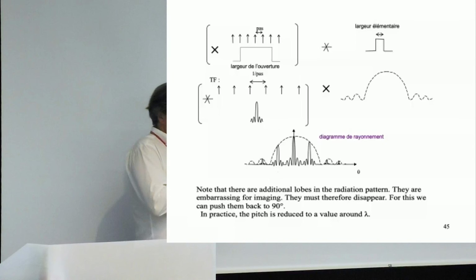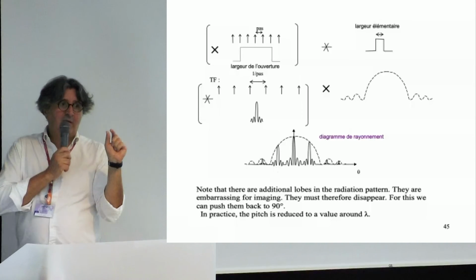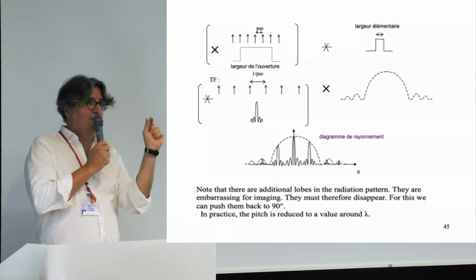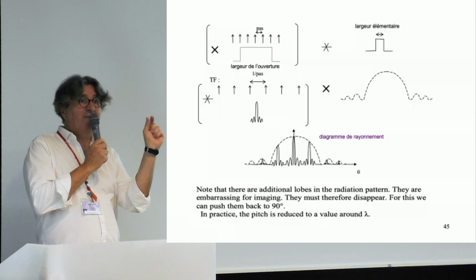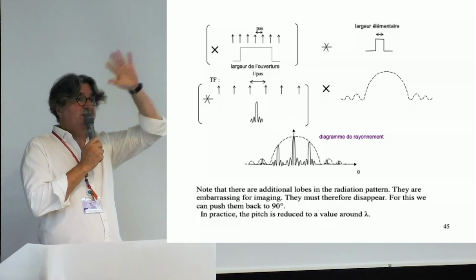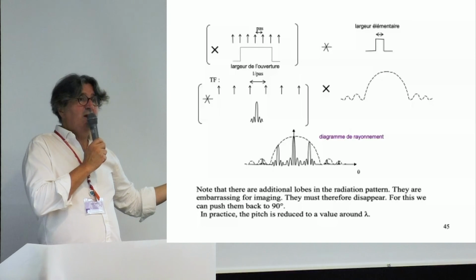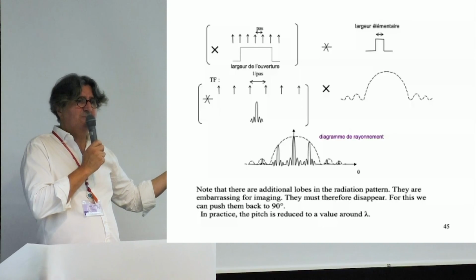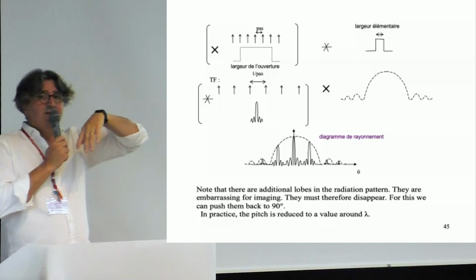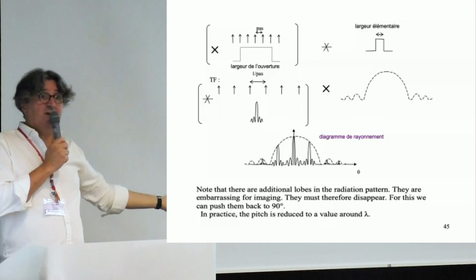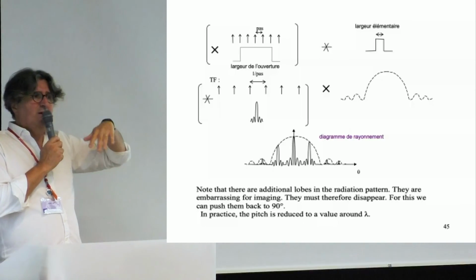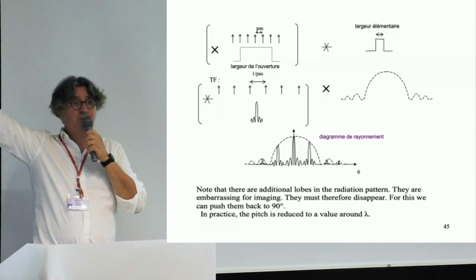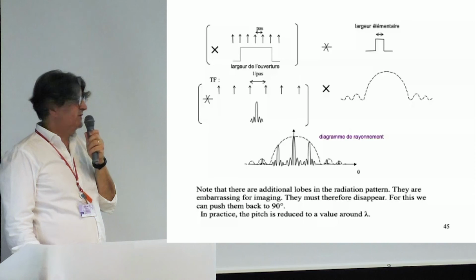In fact, if you take an element that has a width of about lambda, its radiation pattern will be close to that of a point source. On a point source, this is a circular radiation pattern. And this will be the rule that will be used to put these side lobes very far, close to 90 degrees.